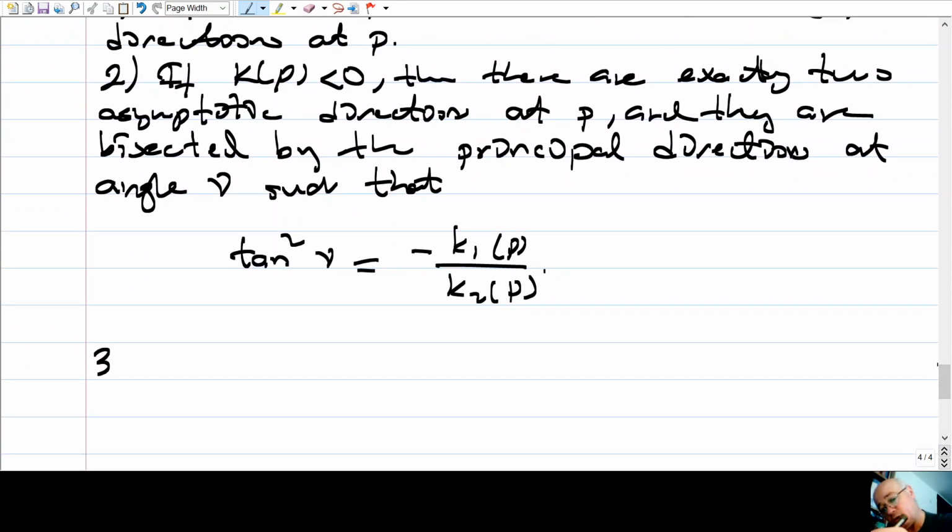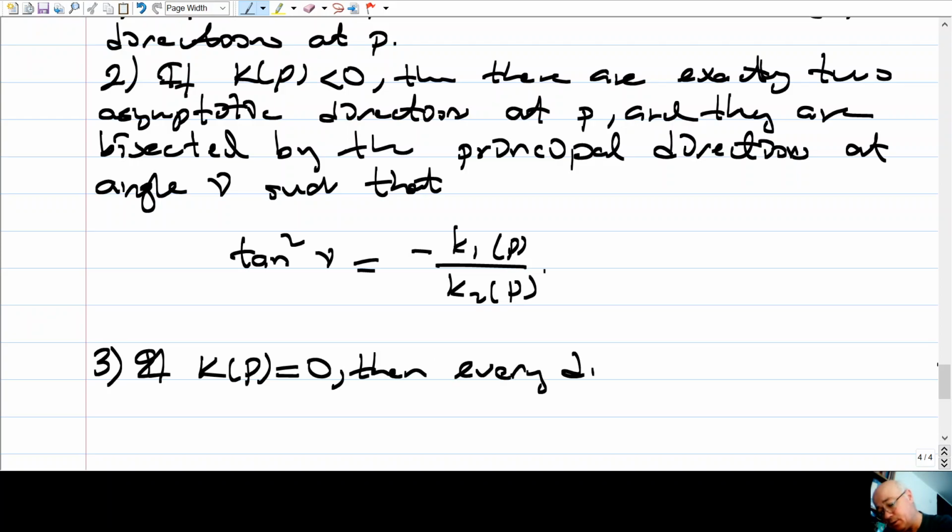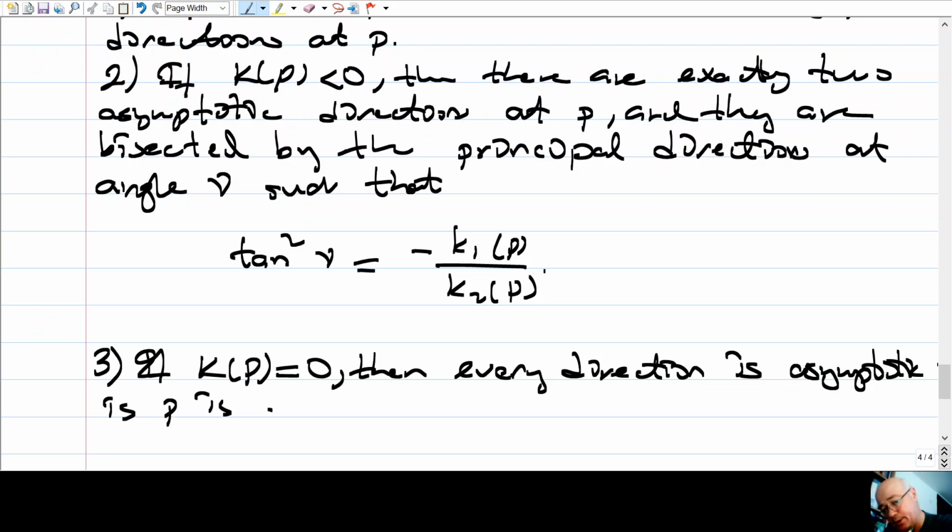And the third condition is that if the Gaussian curvature is 0, then every direction is asymptotic if P is a planar point.